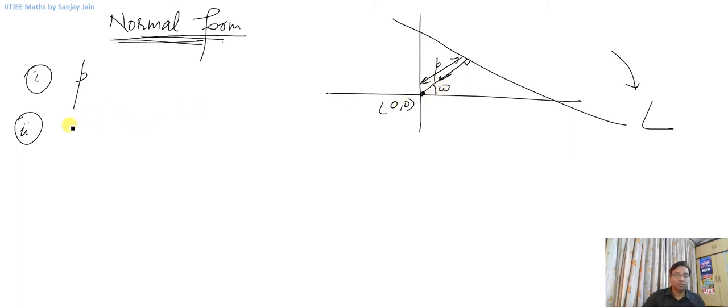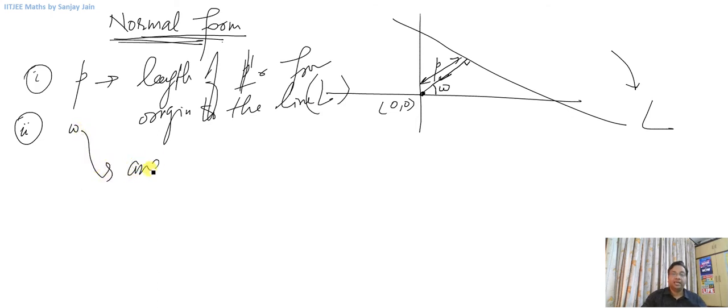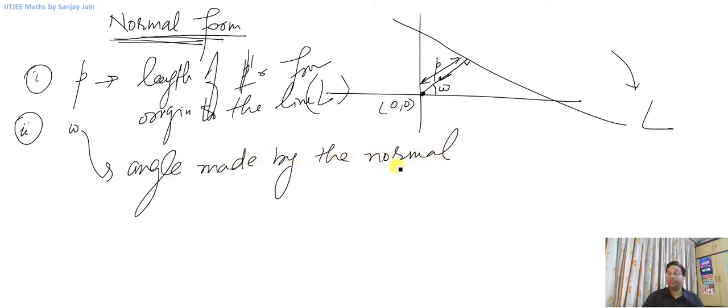So there are two things that are given: length of perpendicular from origin to the line L, of which we need to find the equation, and omega, which is the angle made by the normal, not the line, right?